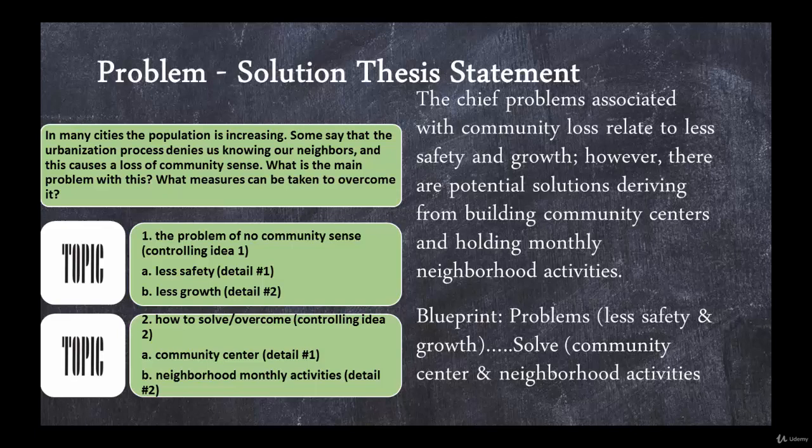And when the grader looks at your thesis statement, they should have a clear idea of the direction of your essay. The chief problems associated with community loss relate to less safety and growth. However, there are potential solutions deriving from building community centers and holding monthly neighborhood activities.